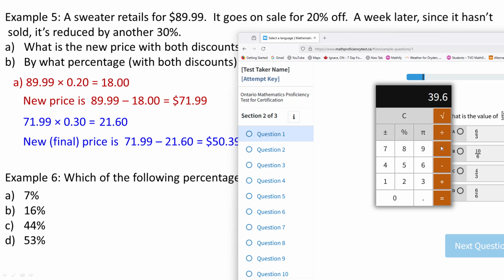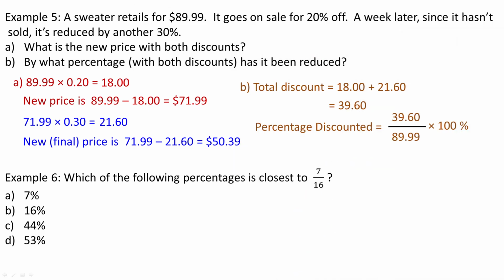So 39.60 divided by 89.99, there we go, 0.4400. When you multiply that by 100, it's actually discounted 44%, a slight amount more, but to the nearest percentage would be 44%.